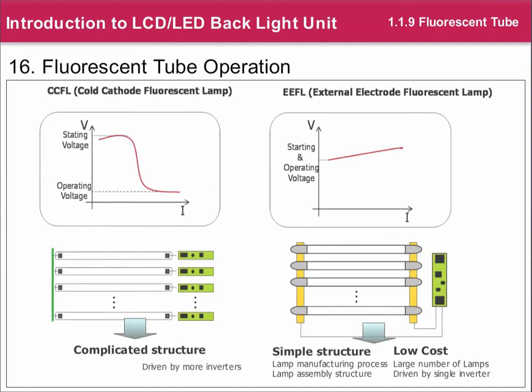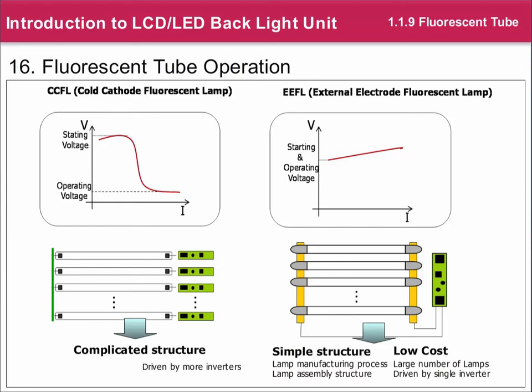The difference between CCFL and EEFL operation. The voltage current characteristic of CCFL shows a negative resistance. This implies that tubes cannot be connected in parallel on one inverter. Each tube requires its own inverter. The EEFL has a positive differential voltage current characteristic that allows the tubes to work in parallel on one power supply.